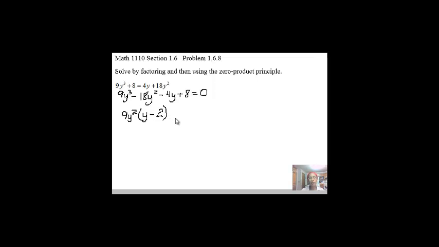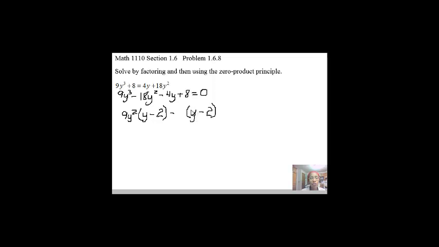Now, if what I'm doing is going to work, I need to obtain y minus 2 as a factor when I extract the greatest common factor from these two terms.